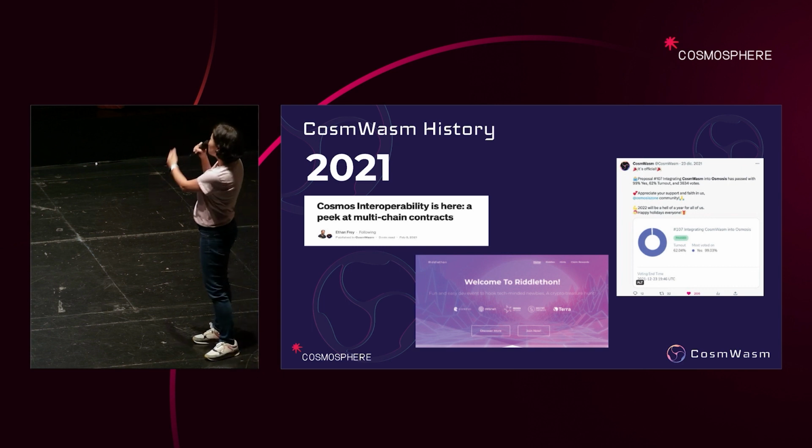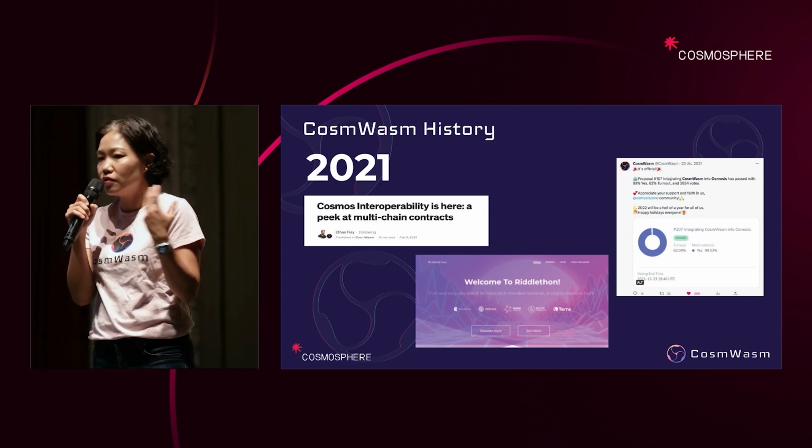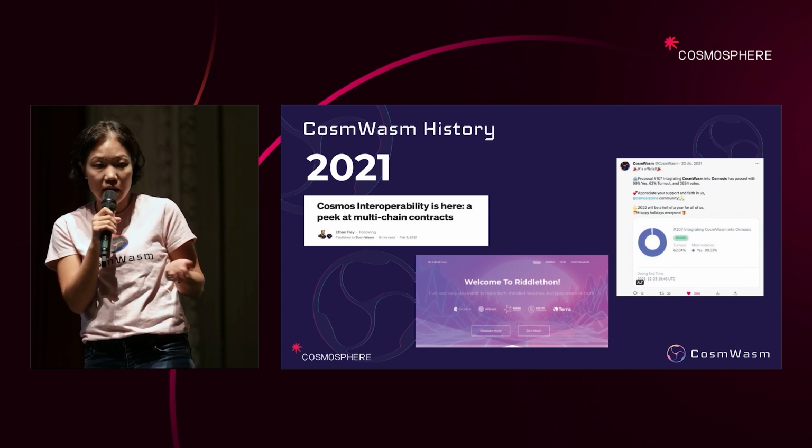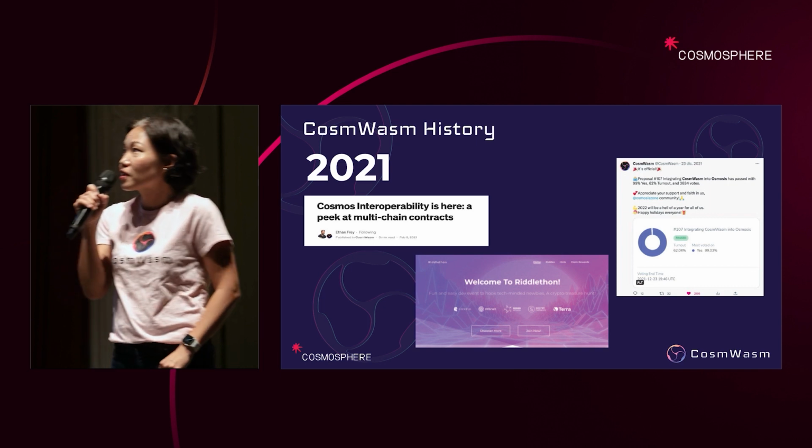And at the end of 2021, the Osmosis community decided to integrate CosmWasm. And around this time, Ethan Fry started the CosmWasm for CTO series of articles, which got a lot of excellent feedback, and I believe that contributed to the mass adoption after.